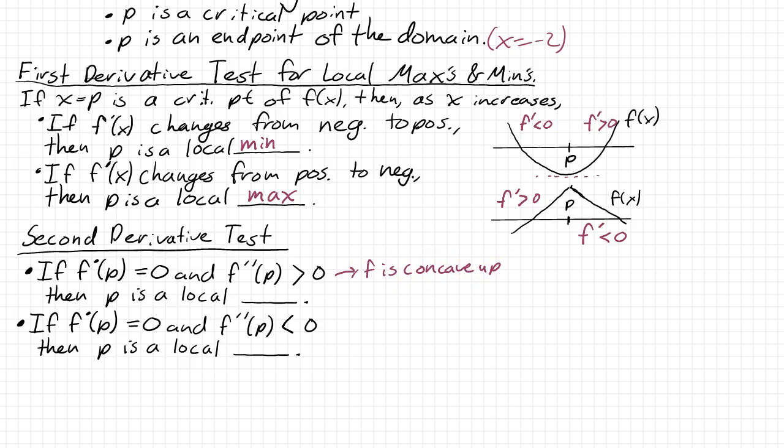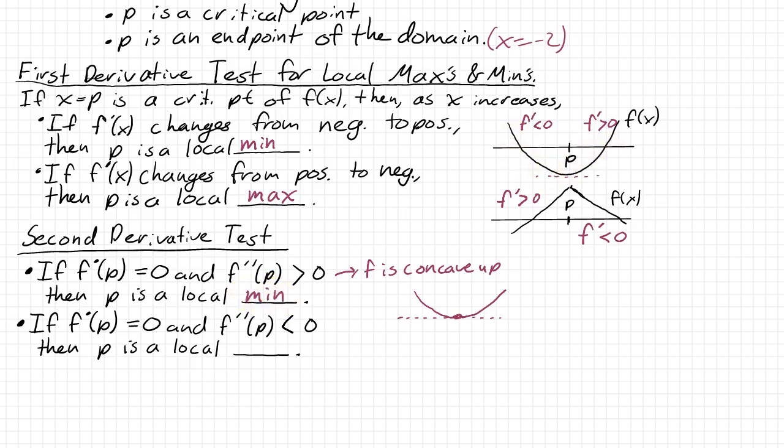Then what does it have to look like if you have a point where the derivative is 0, but the graph is concave up? It must look like that. That's really the only way to draw a concave up function where the derivative at that point is 0. That makes p a local minimum.